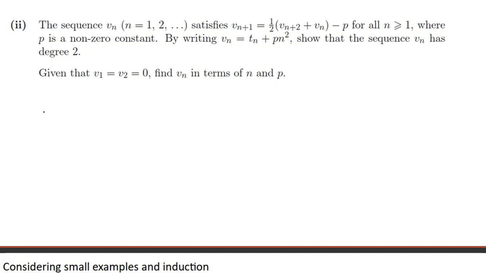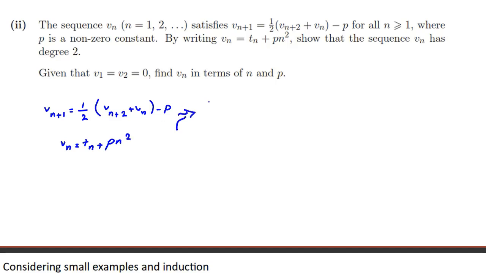Here it says using this, show that the sequence Vn has degree 2. Okay, so Vn plus 1 equals 1 half Vn plus 2 plus Vn minus p. And the other assumption is Vn equals Tn plus Pn squared.